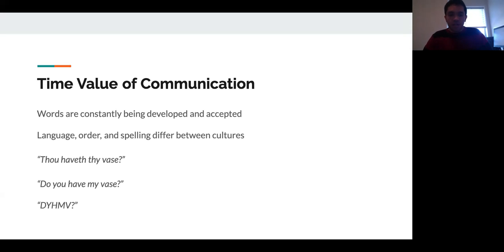And so the time value of communication is very important because over time, a lot of things help languages and cultures and semantics move forward, move backwards, or evolve. To emphasize the time value point, you can always find a difference when speaking between, say, your parents or between your peers, which is one way to think about it as well.